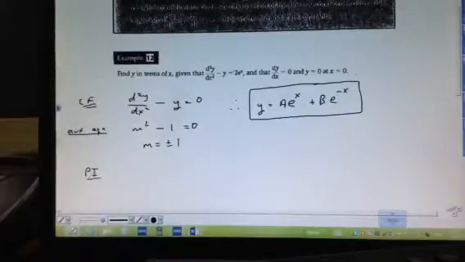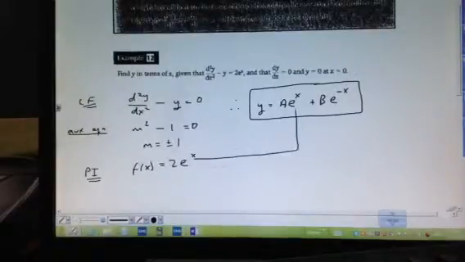Right, so the particular integral is going to, f of x is equal to 2e to the x, and you can see that we've already got solutions for that, so we're going to have to try y is equal to lambda x e to the x.